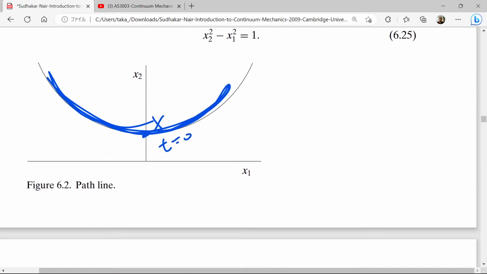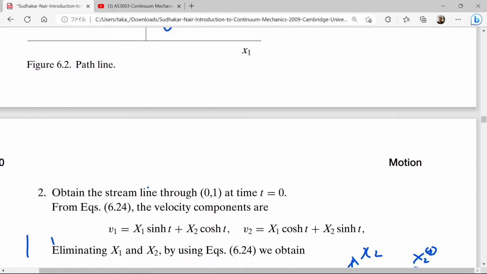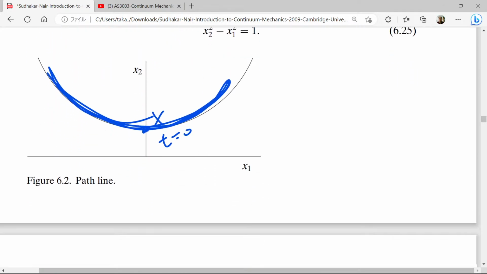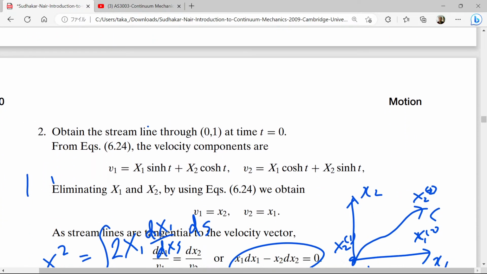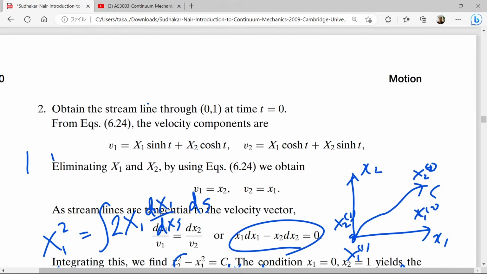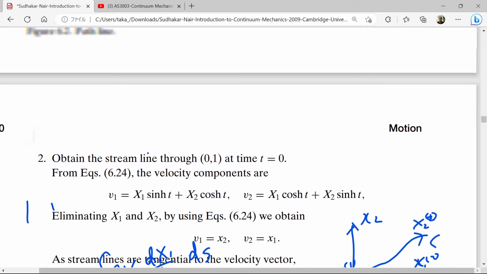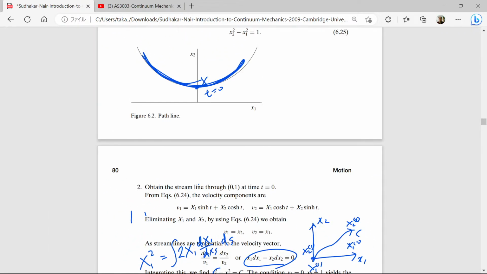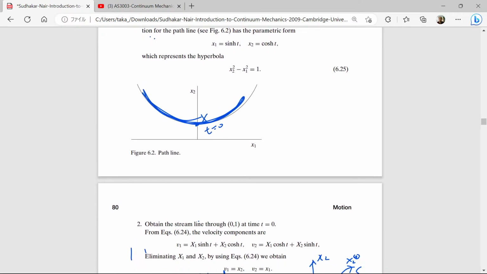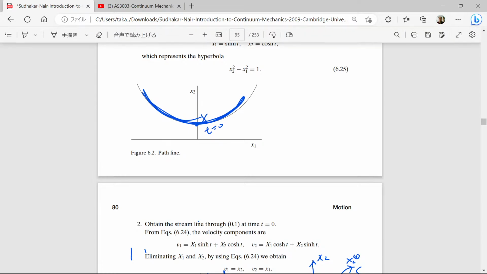See this one. I think we have it from 264. We can use this one.